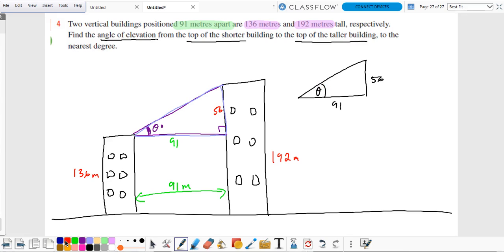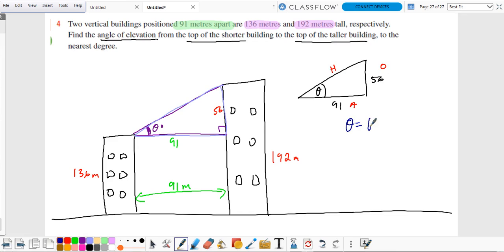Nice and easy. So now when you get to that point, just label your triangle. Here's your angle, so that's O, that's A, that's my hypotenuse. You've got O and you've got A, and you're looking for that angle. So if you're looking for an angle, use the inverse rules. In this case, we're going to use tan inverse.